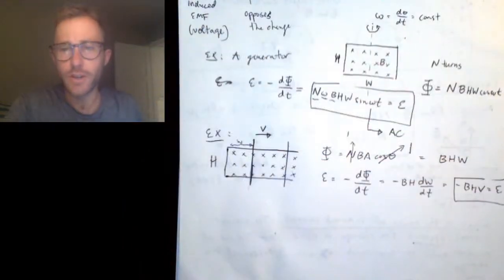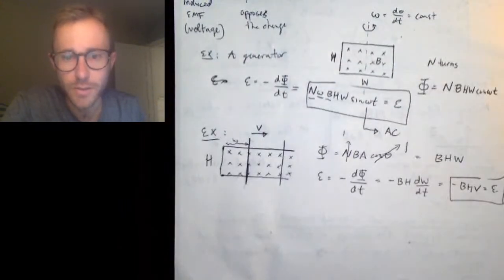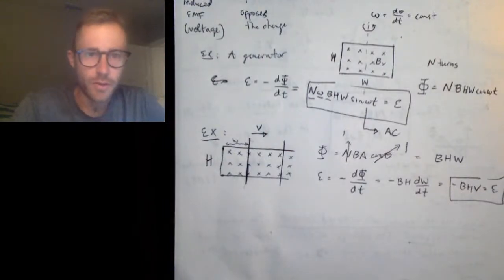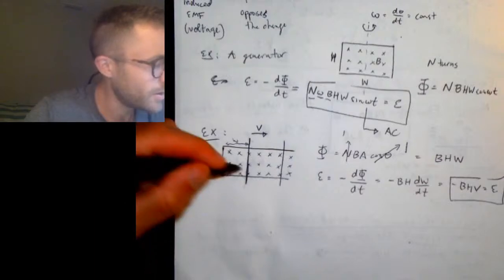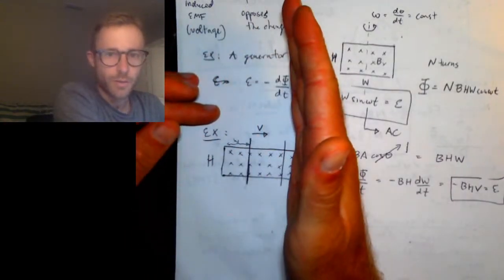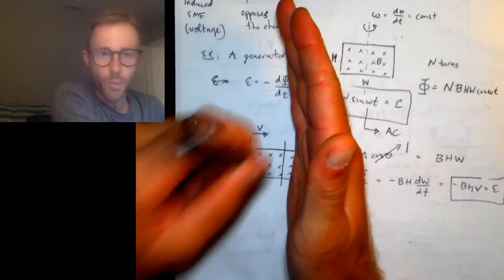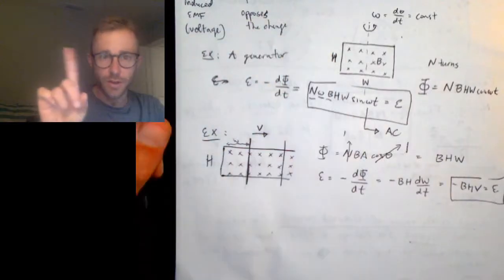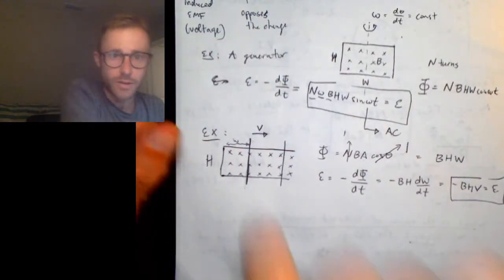We could figure out the sense of the induced voltage in the following way. Notice that as we pull this thing to the right, we're making the area bigger. We're getting more into the page flux. So the loop says, I don't like more into the page flux.